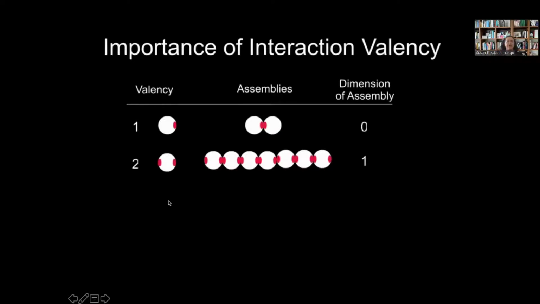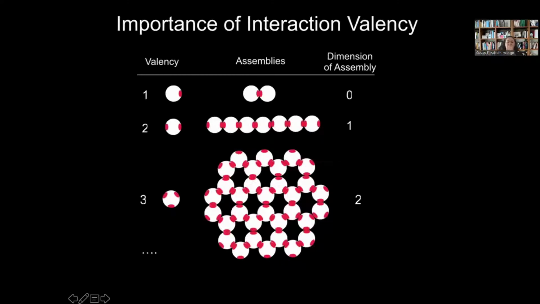On the other hand, let's say you have a valency of 2. Now you can begin to make a linear string of an assembly, and that's a one-dimensional entity. Let's take another step.